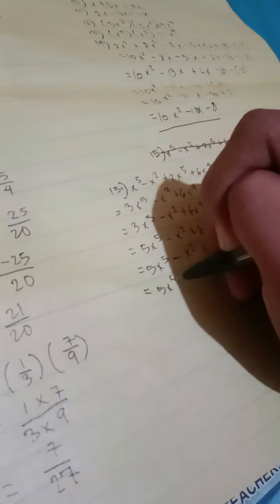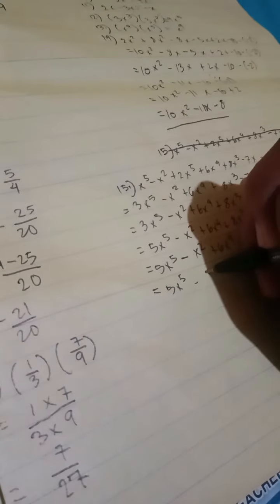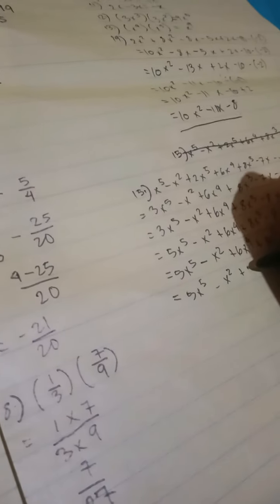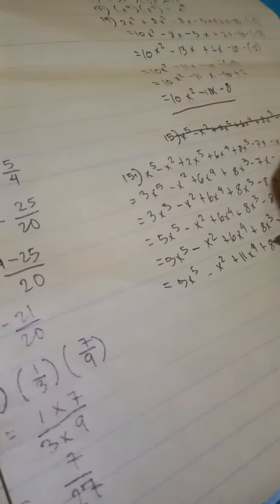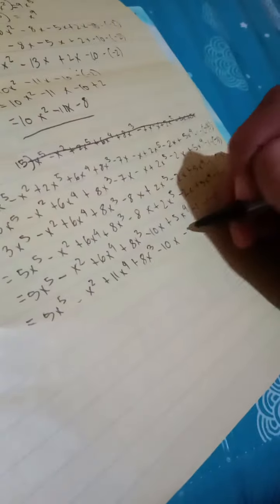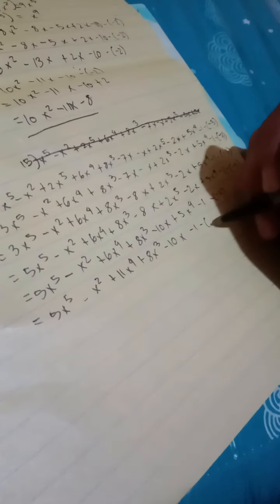5x to the power of 4 here and x squared, and 11x to the power of 4 plus 8x is 3, negative 10x and negative 1, negative 3.